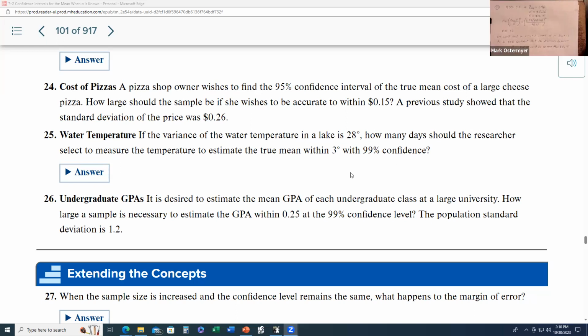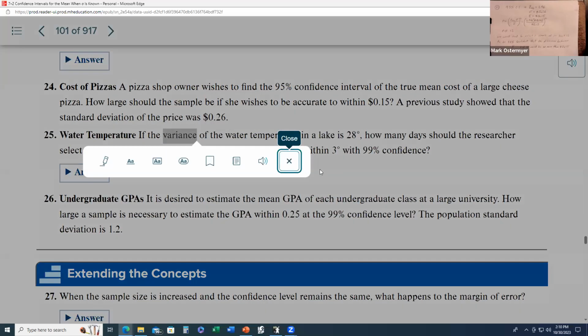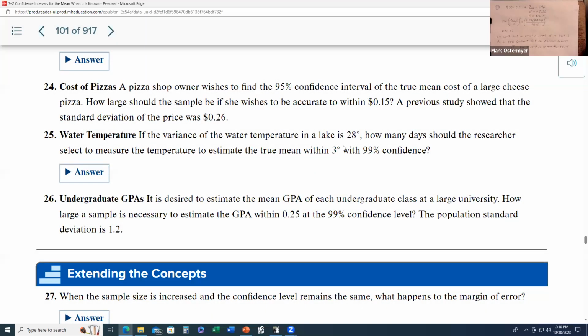Warning here, ladies and gentlemen. What do they give you here? They don't give you the standard deviation. They give you the variance, correct? This is not a standard deviation. It's a variance. So what are you going to have to do, since you need a standard deviation?